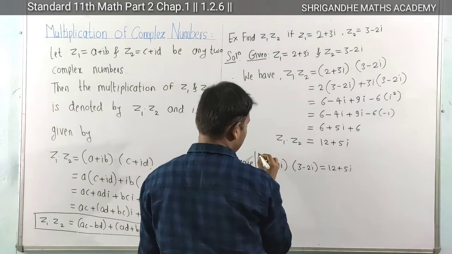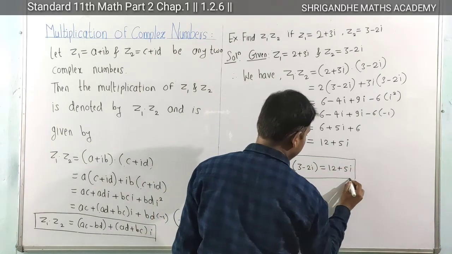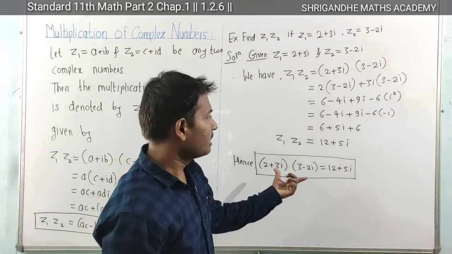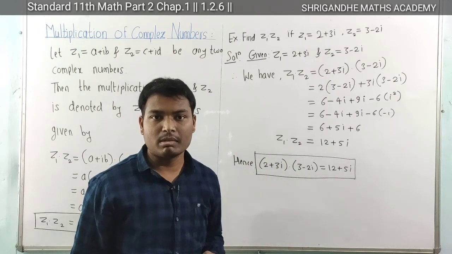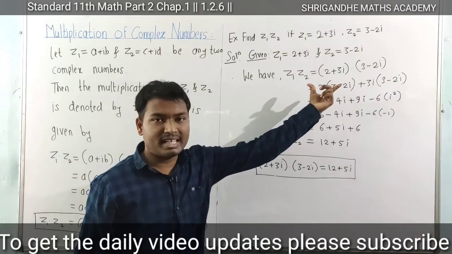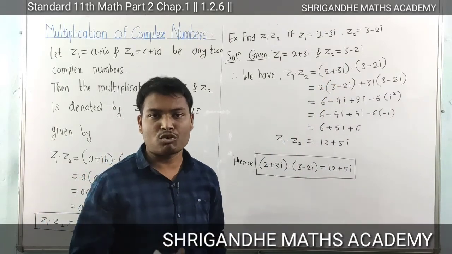This is the product of these two complex numbers. We saw this example of our method of how to multiply two complex numbers. Just multiply the two brackets in this manner. Thank you for watching the video.